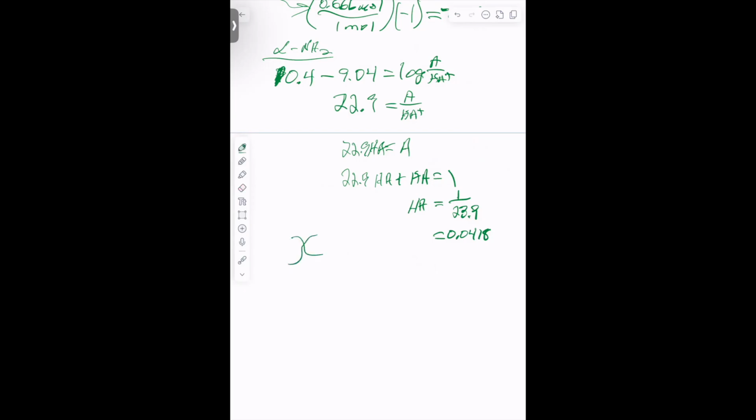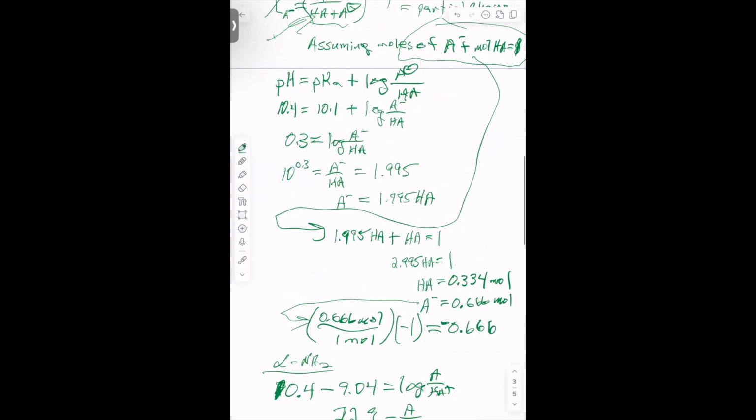And then I can do my mole fraction of HA, and that's equal to 0.0418 divided by 1. And I can just multiply that by plus 1. And I get a plus 0.0418. So it's a small amount. Does it make a difference?